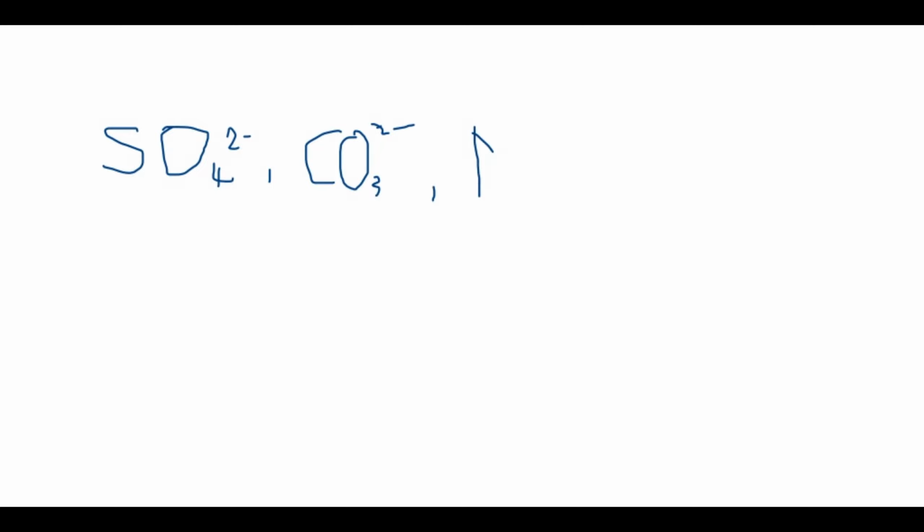Examples of radicals are SO4 2 minus, trioxocarbonate 4 ion, and even the ammonium ion.